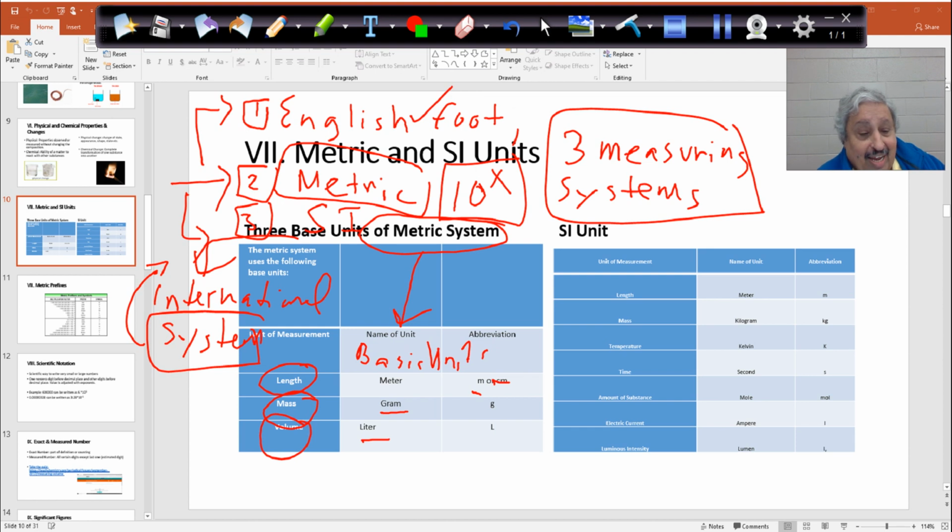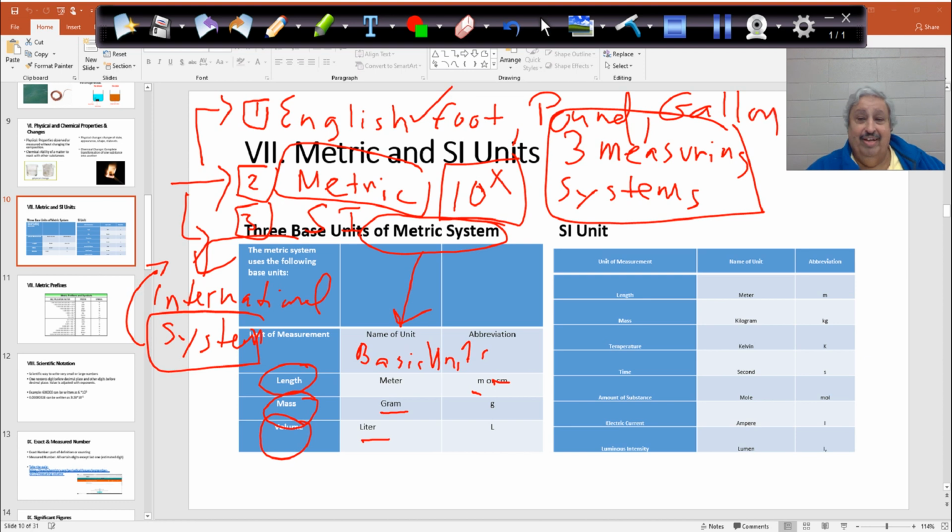Okay. And the mass, we use what? We said we use a gram in metric, but in English the mass we use what? The pound, correct? Yes. And the volume, we use what? It does not have to be the smallest. We use the gallon.